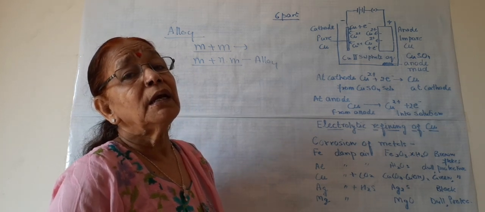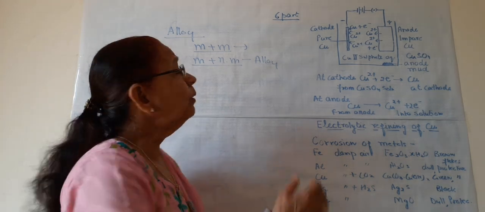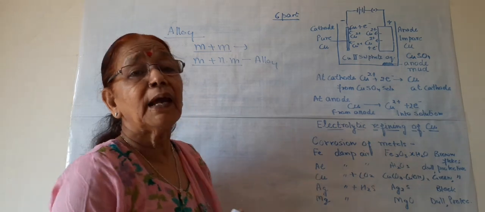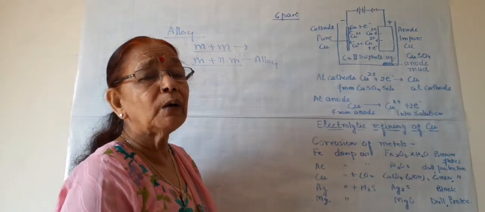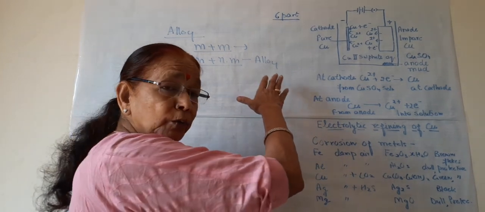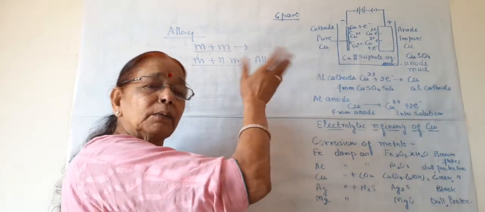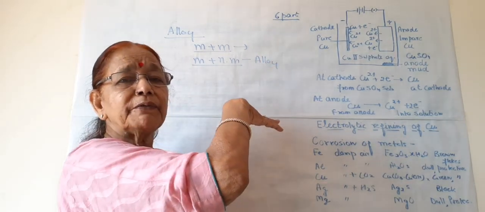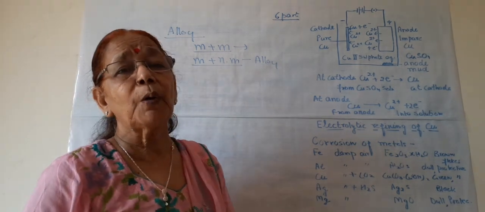It has a very high resistance, and the alloy has low conductivity for electricity. It is non-corrosive, it may be hard, and the conductivity for electricity is less. So this is how the properties of metals are changed.